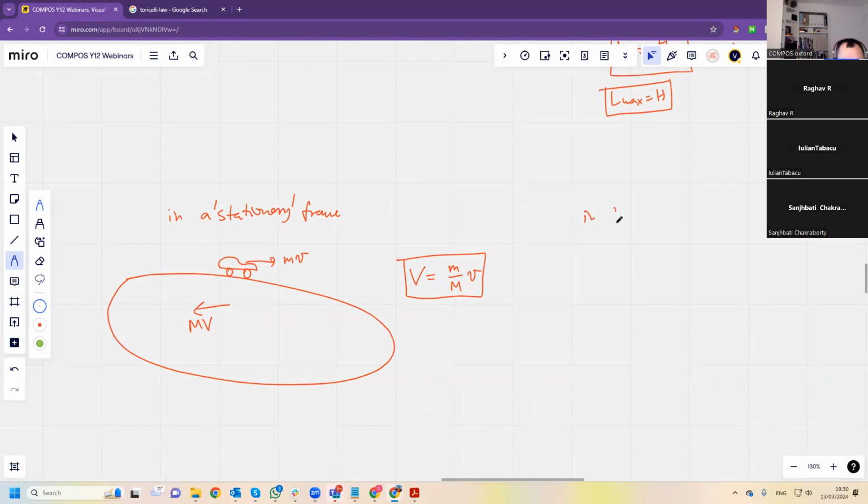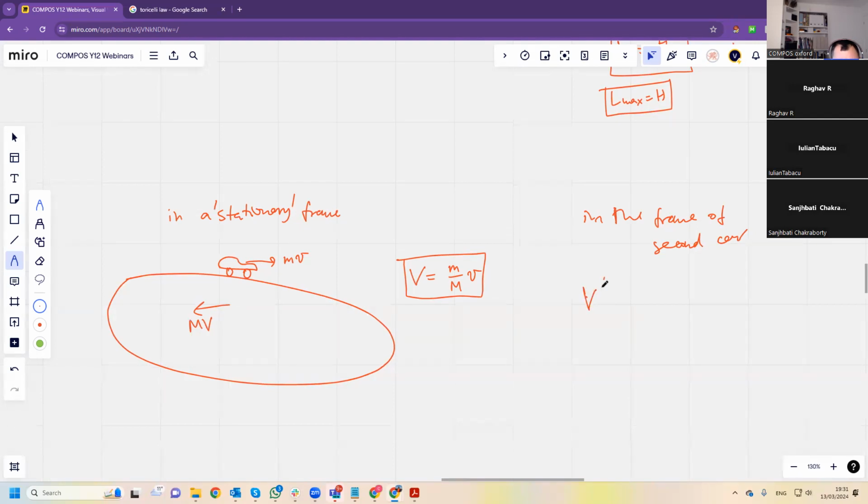In the frame of the second car, the planet slows down.